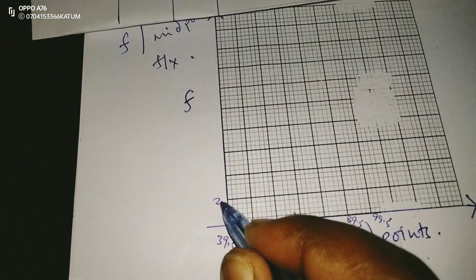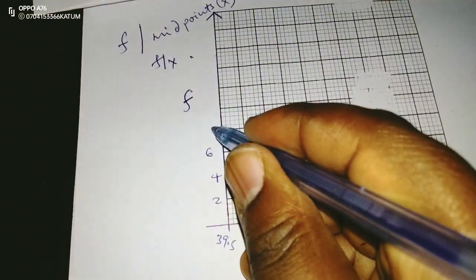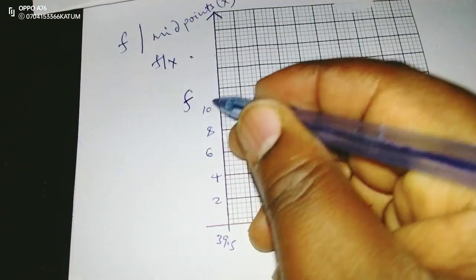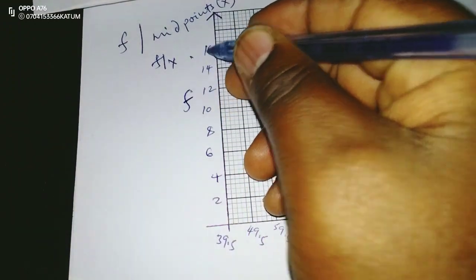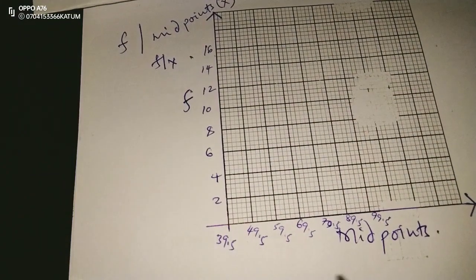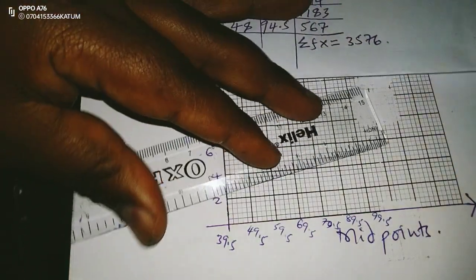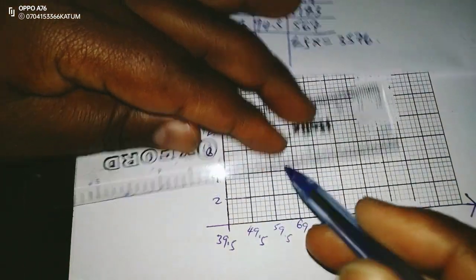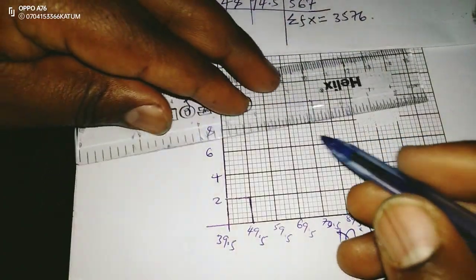So we can use intervals of 2, 4, 6, 8, 10, 12, 14, 16, like that. Therefore, in the first class, we have a frequency of 2. The next class, a frequency of 6.